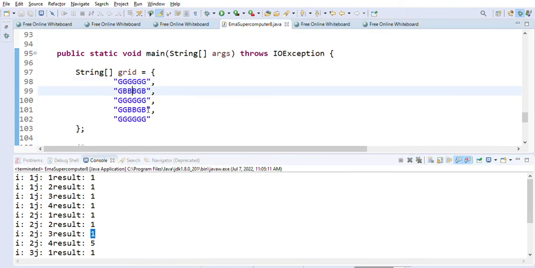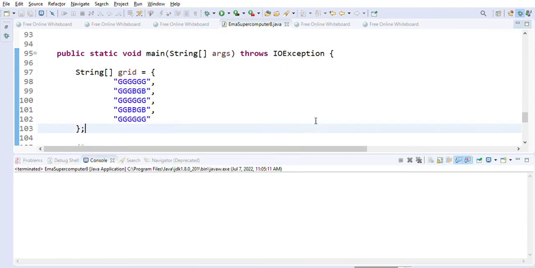If we modify this matrix, and let's say I put a G here, and I put a G here, correct? So now we will have two different 5s, right? Let us execute this test case and make sure it gives us the correct answer.